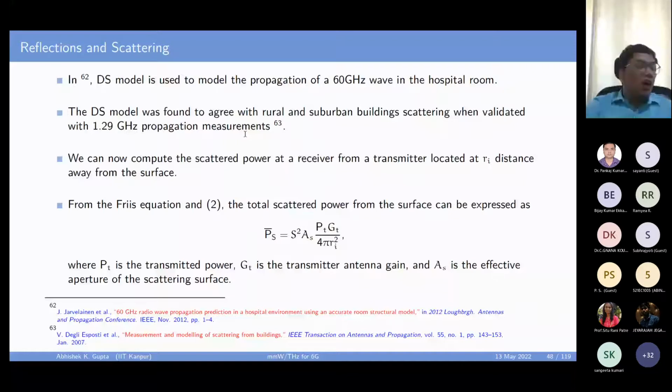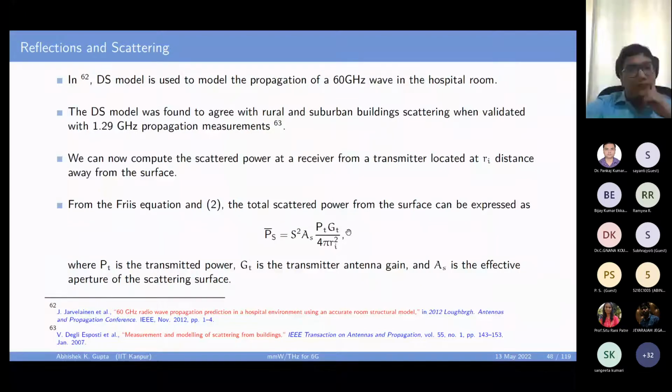Now, once we know the scattered power, let us compute what the scattered power will be at a receiver at Ri distance. We all know the Friis equation, which tells you the power loss at some distance. If you have a transmitter at Ri distance, the incident power density will be given by Pt Gt upon 4 pi R square.